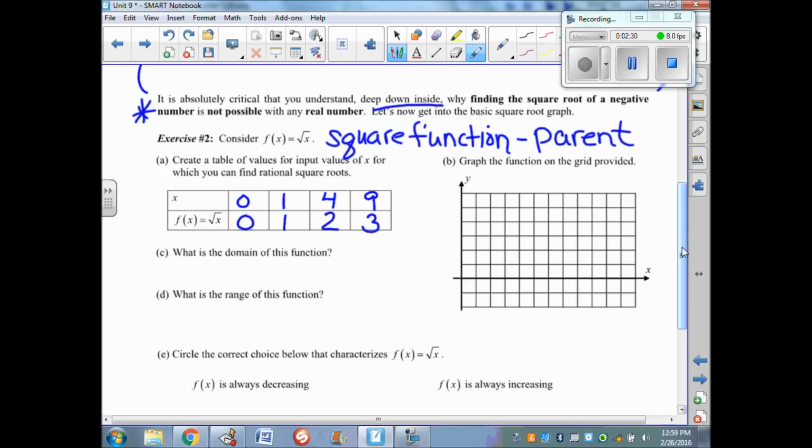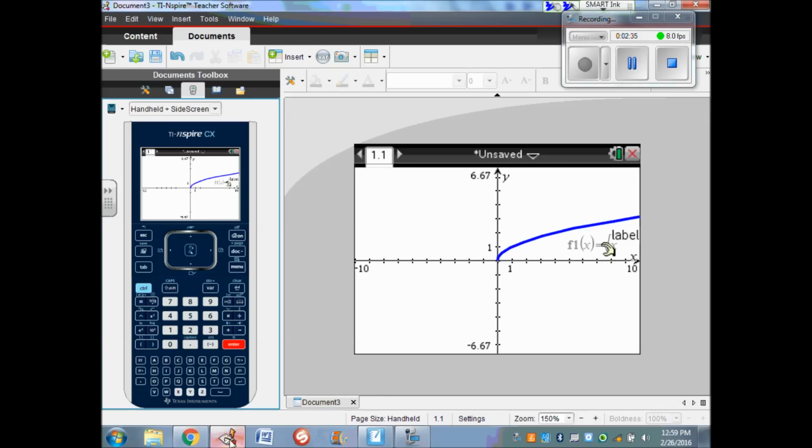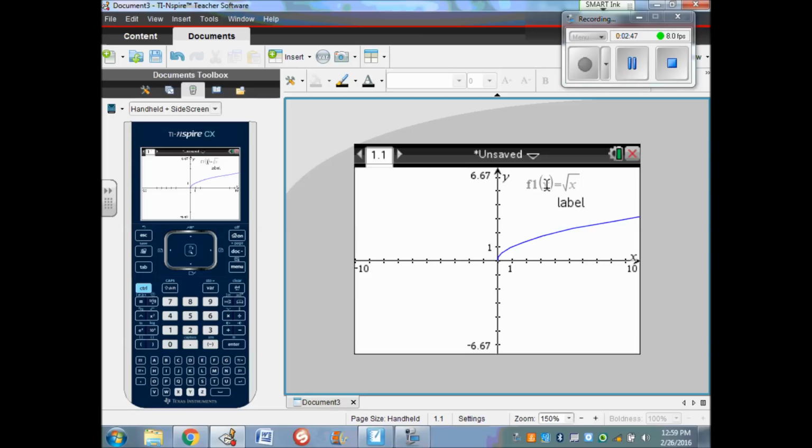So now we're going to graph this function. I did graph it on my calculator because I do like to look at it first. So that's what our square root function looks like.